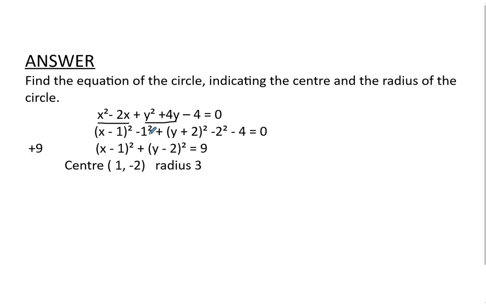Then when you collect all the like terms, you've got minus 1 here, minus 4 here, and you've got the minus 4 there. So that's minus 9. You add 9 on the other side and you get that here. Change the signs. Sorry, it's supposed to be plus, isn't it? So your center is (1, minus 2), and the radius is the square root of 9, which is 3.